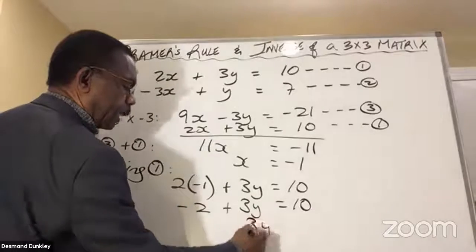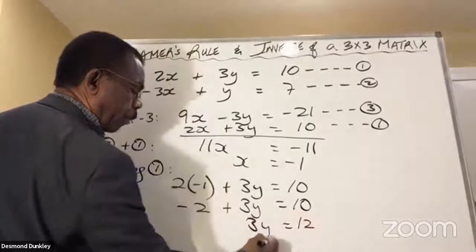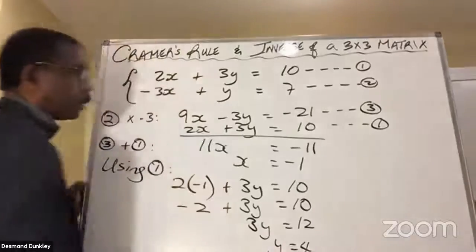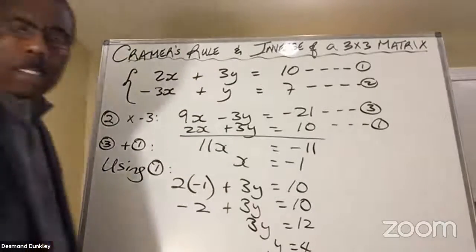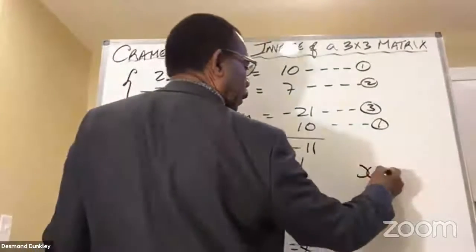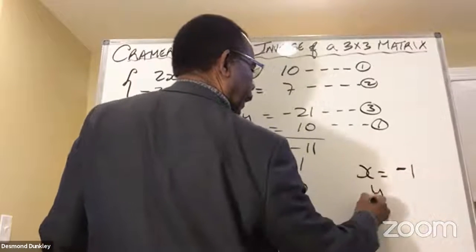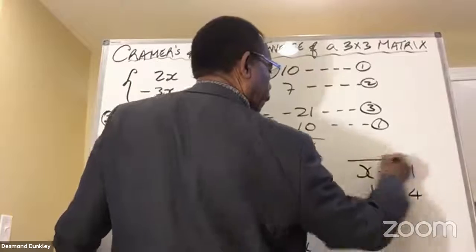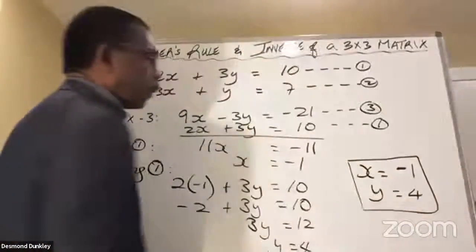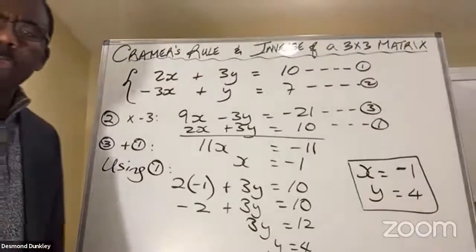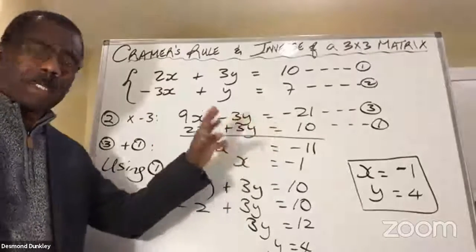So 3y is 12. So y is equal to 4. So we're seeing here that x is equal to negative 1 and y is equal to 4. Those are our two solutions based on what I've just done.